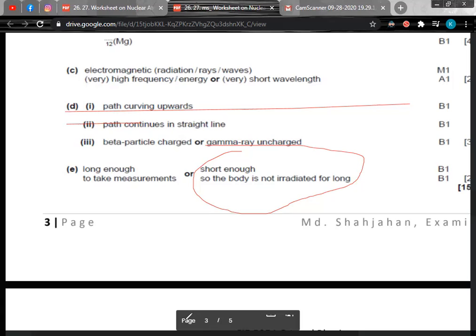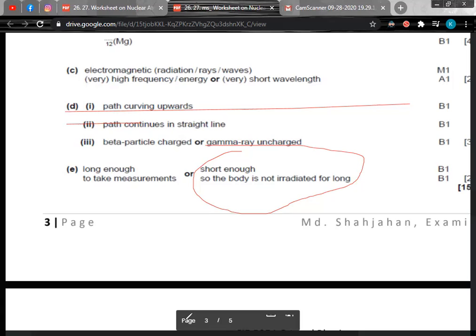Listen, they are not talking about less or more ionizing with respect to their power, but about the time it's working, how long. If it is working for a long time, then the ionizing effect is working more on your body, right?